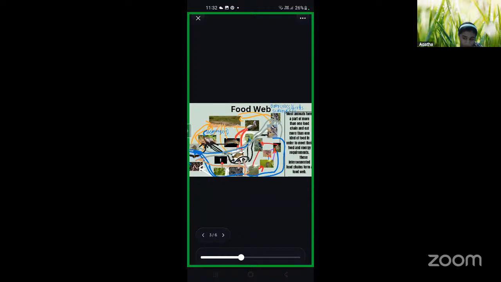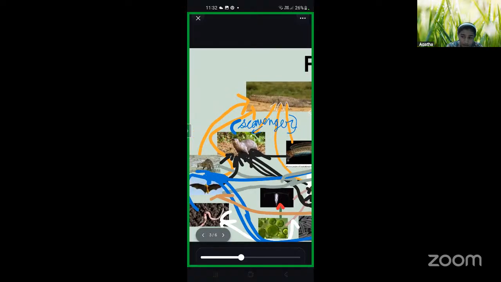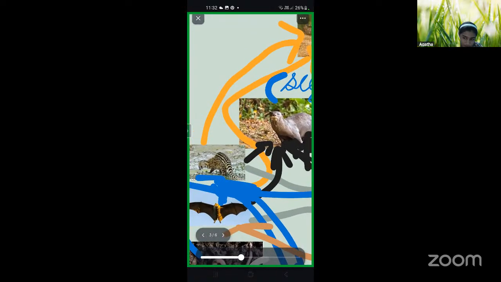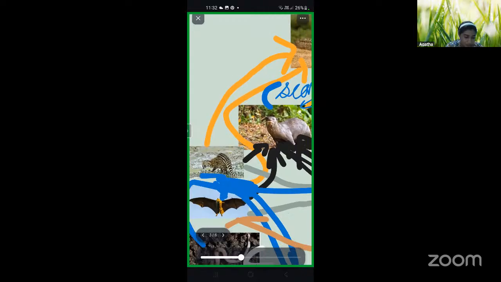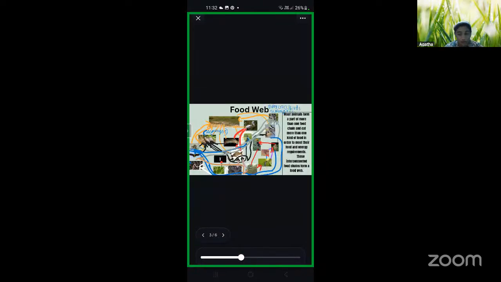It eats the otter, the civet, and the bat. Just like that, most animals eat more than one animal, so they're part of more than one food chain. When we connect all of these food chains together, it makes a food web, showing how all of these animals are connected through their food.